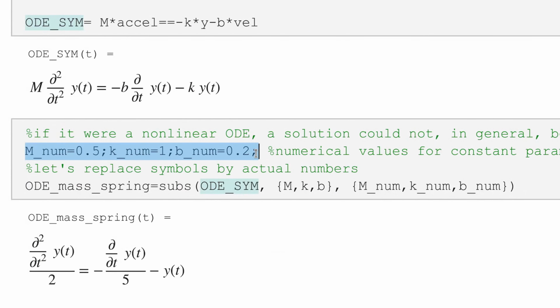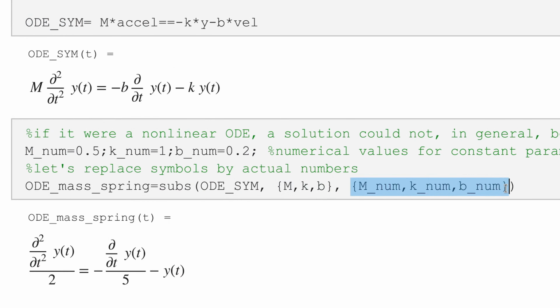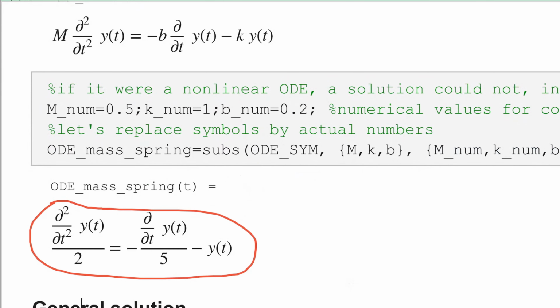So we will have here numerical values of mass, and spring and damping constants, and I substitute the symbolic variables here by the numerical values. So this is the actual differential equation to solve once the constants have been substituted by the actual numerical values.